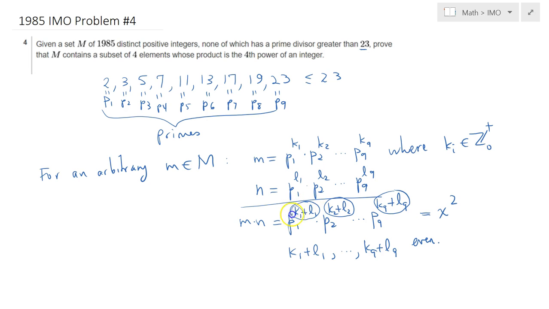If k1 is odd, L1 has to be odd as well. If k2 is odd, L2 has to be odd, and so on. If k1 is even, L1 has to be even as well. If k2 is even, L2 is even. So what is necessary when we multiply two numbers from this set M is that all the powers agree in parity with each other.